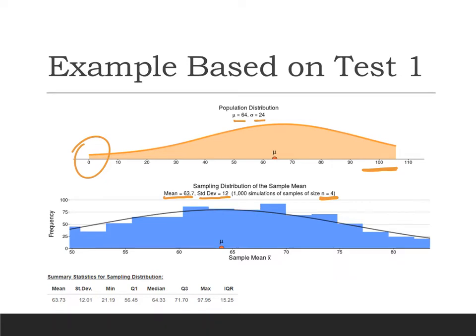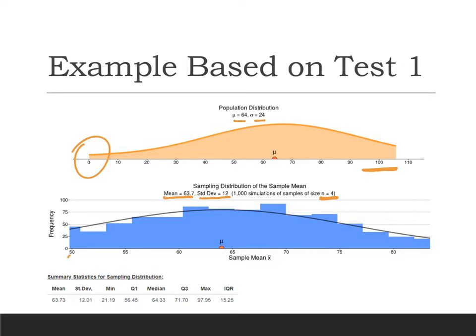That's what we're going to really look at for this part of the video. Notice our mean is very close to the population mean. 63.7 is just a little bit below 64. And our standard deviation goes from 24 to 12. That's quite a bit of difference.